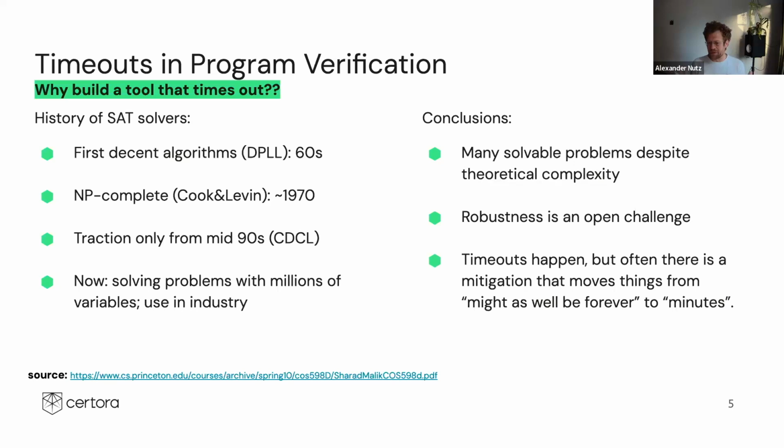But that also opens up the game of timeout mitigation, so to speak. It means that timeouts can happen and will happen on certain rules, but often there's a little tweak that allows you to push it from running for practically ever into solving it in minutes. So that's what we're setting out to do here.